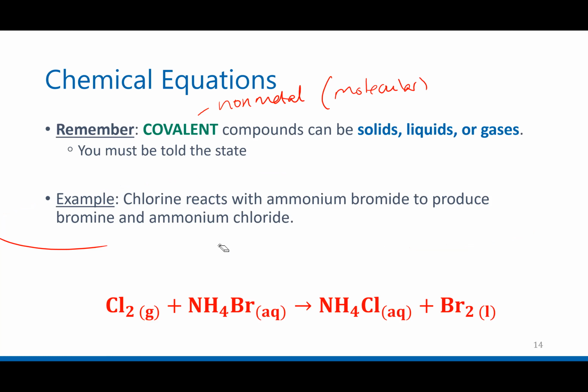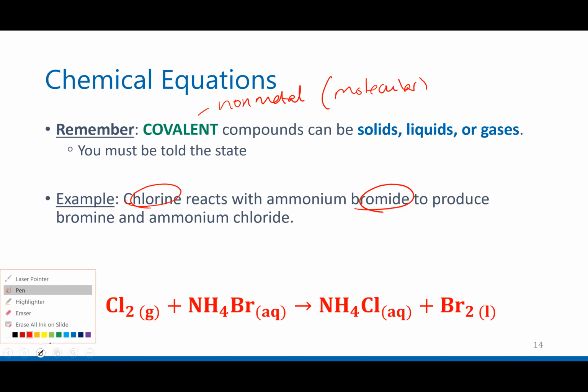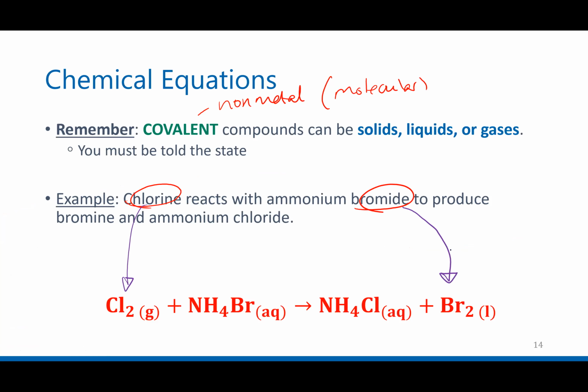Well, first, you have to do your naming from chapter 3. So step number 1, I know that chlorine and bromine as elements are what we would call diatomic. I don't know if you guys remember that from chapter 3, but we certainly did that. Chlorine naturally is Cl2. Bromine naturally is Br2. So those are pretty easy.